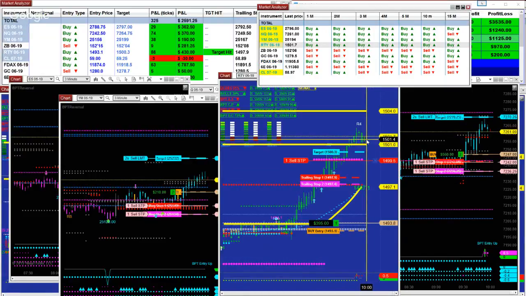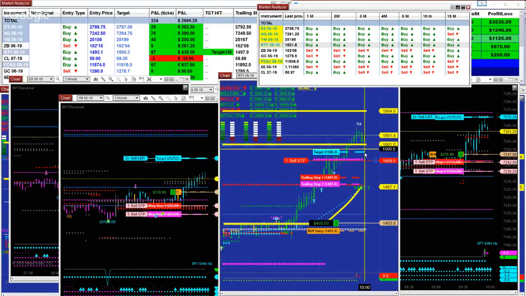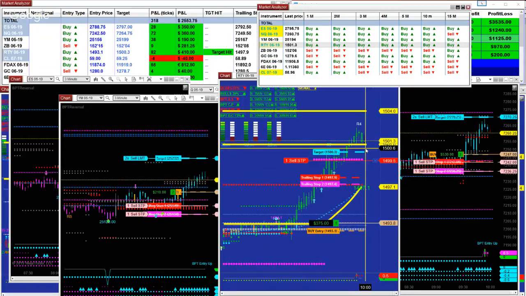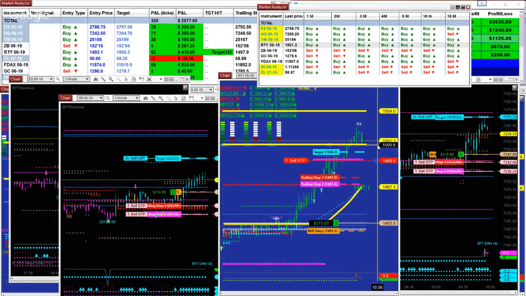Now I understand there is a pullback, and the game is not over. And this is the whole trick here. Most of the mistakes traders make is that when they are trading, they have no direction with their trade. They don't understand how far this trade is going to take them, because they went into those trades not knowing the direction of the market or the keys in the market, just shooting blind.